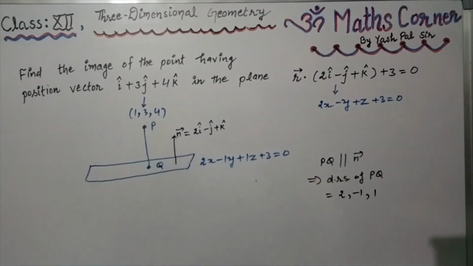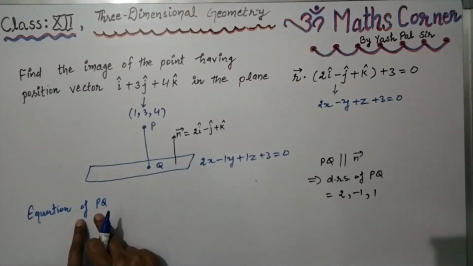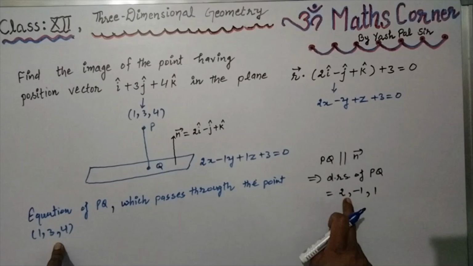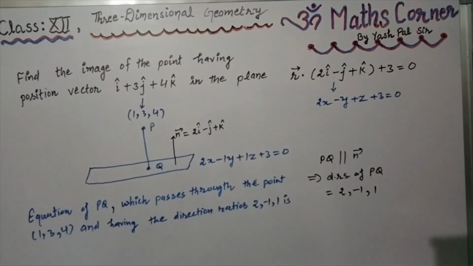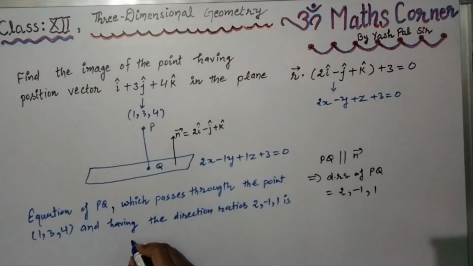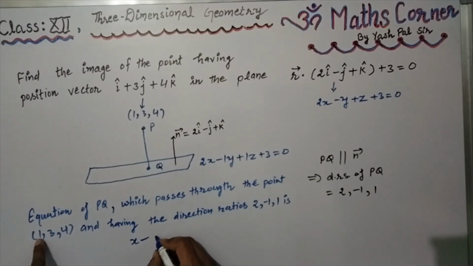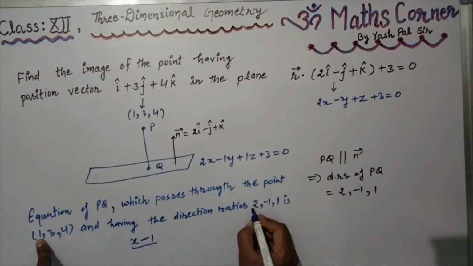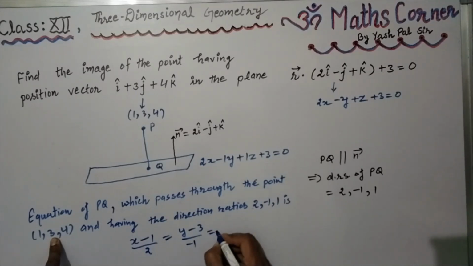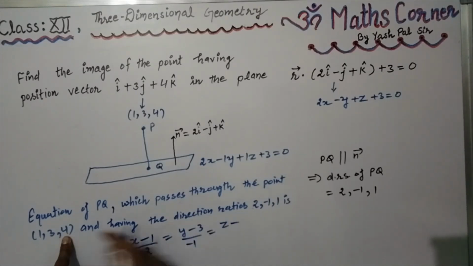Now the equation of PQ, which passes through the point (1, 3, 4) and has the direction ratios 2, minus 1, 1, is: (x minus x1) by 2, where x1 is 1, equal to (y minus y1) divided by minus 1, where y1 is 3, equal to (z minus z1) upon 1, where z1 is 4.